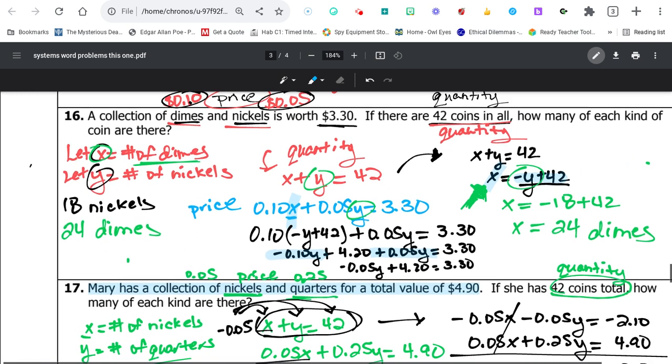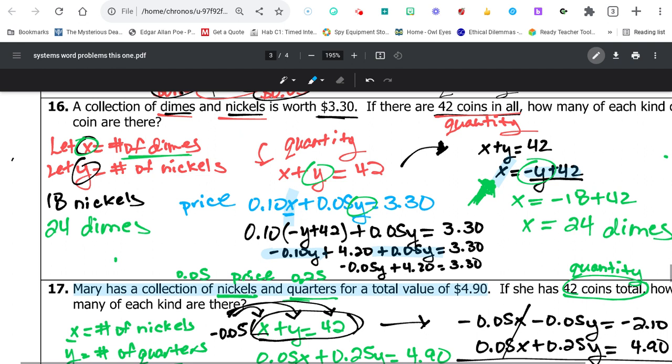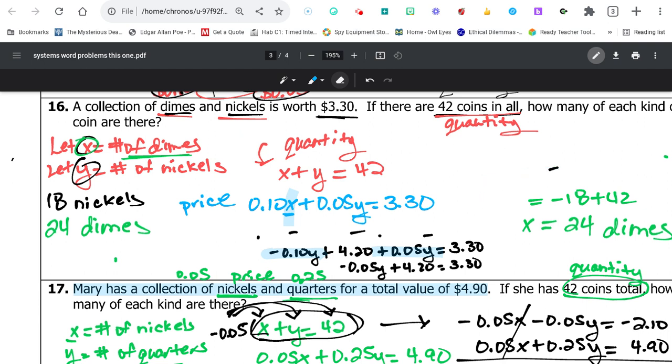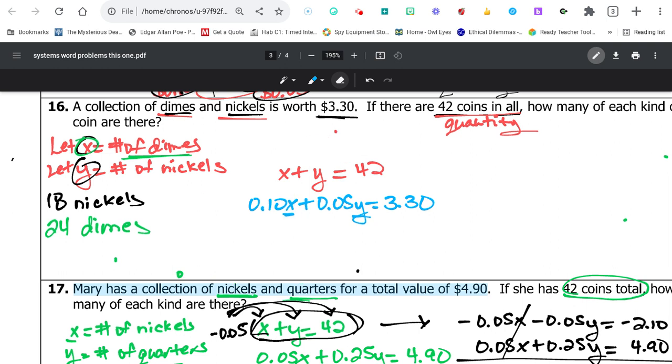So I'm going to show you something. If you would have used elimination on number 16, let's see what we could have done. So I'm going to go back to our original equations. I'm just going to set it up with elimination. I'm not going to work it or solve it, okay? So I could have chosen to get rid of the y.